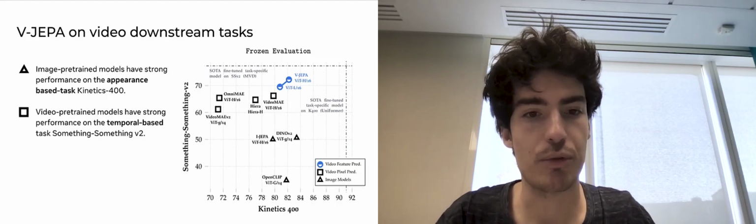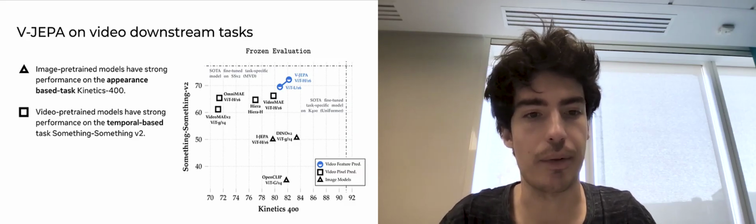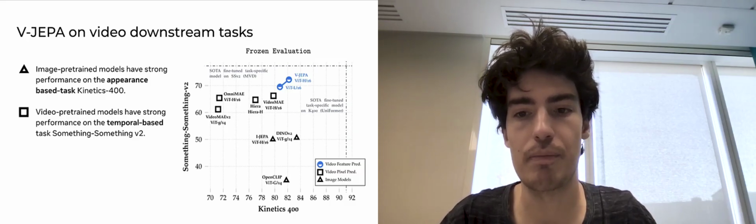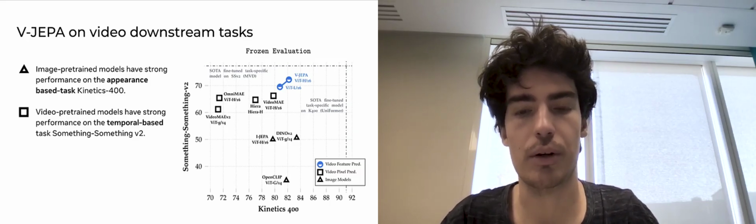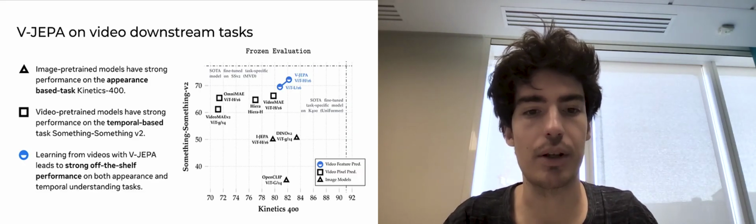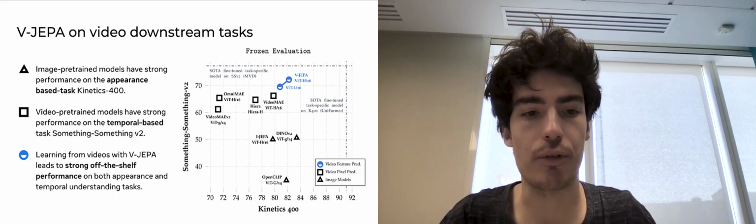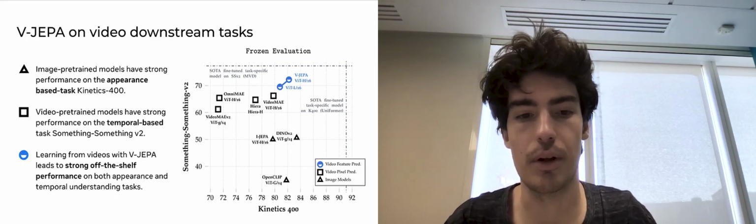Then we have the square models that perform well on temporal-based tasks, Something-Something V2. And we see that the triangle cluster is mostly composed of image-based models, and the square cluster is mostly composed of video models. And finally, we have V-JEPA that leads to strong off-the-shelf performance for both the appearance-based task and the temporal understanding task.